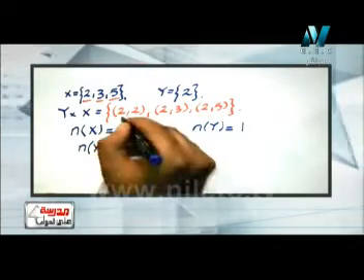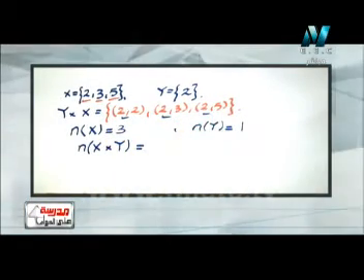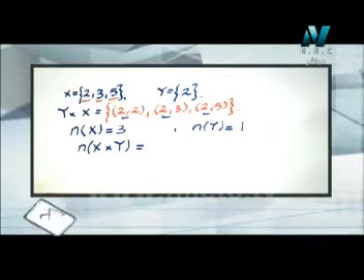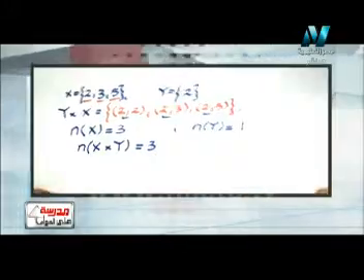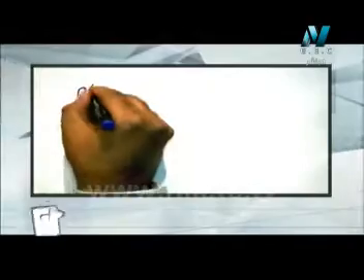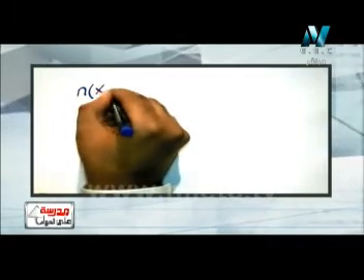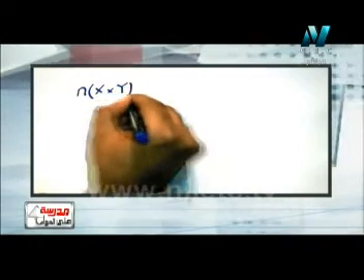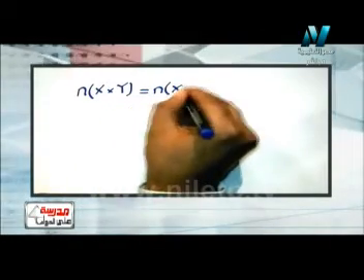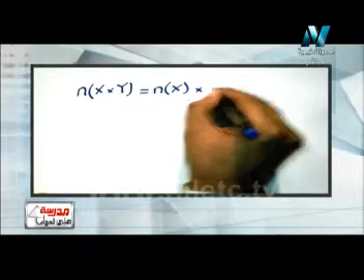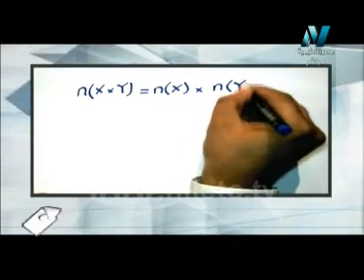Here we have 1, 2, 3. So we can say n of x product y equals 3. In other words, if I have two sets like x and y, then n of x product y is given by the number of elements of x multiplied by the number of elements of y.